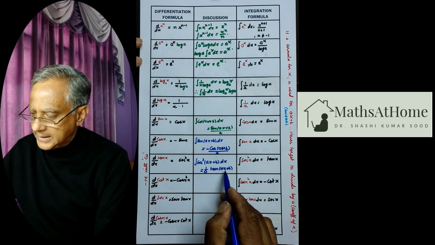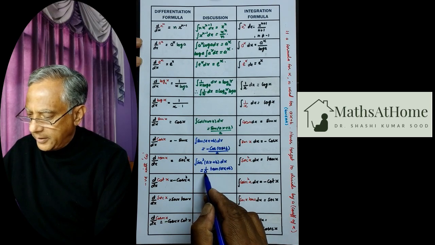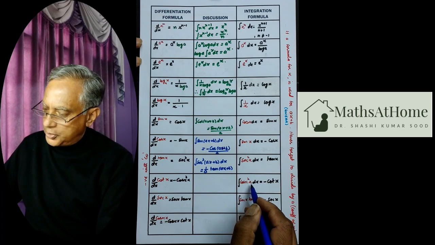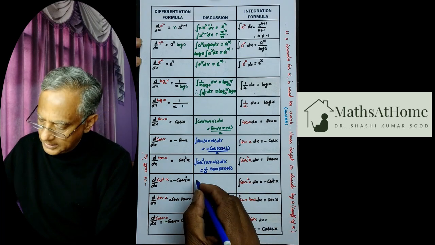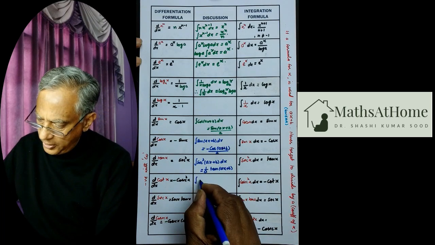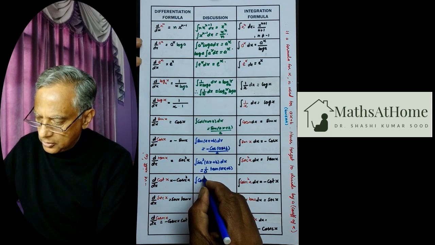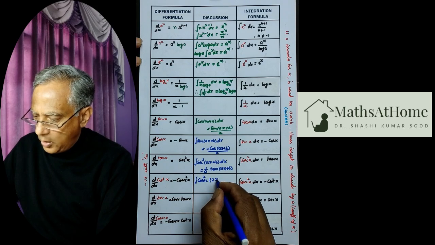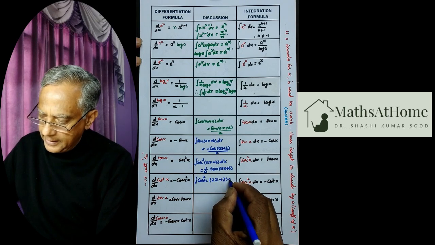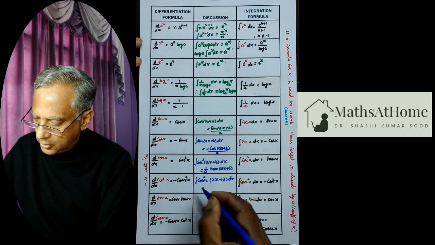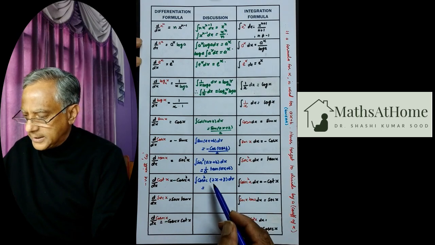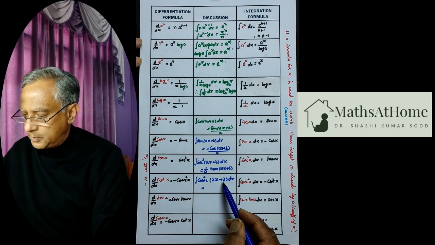Differential of secant square x is tangent x, and we must divide by a. And integral of cosecant square x is minus cotangent x. Therefore, integral of cosecant square 2x plus 3 dx will be equal to, now integral of cosecant square x formula is being used for a linear, that is 2x plus 3.